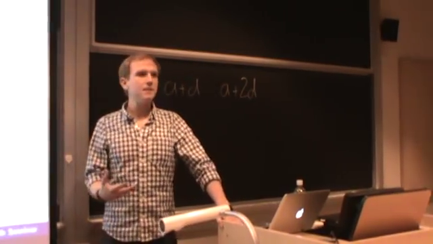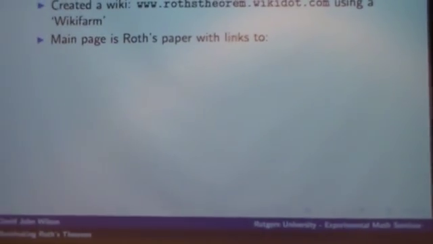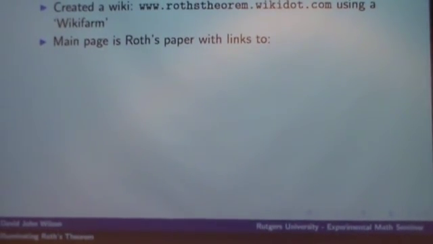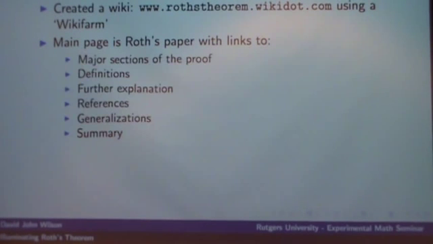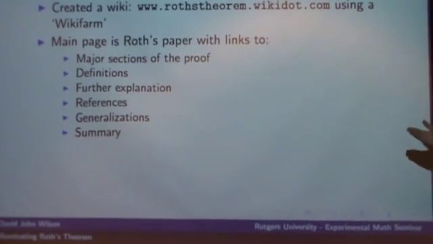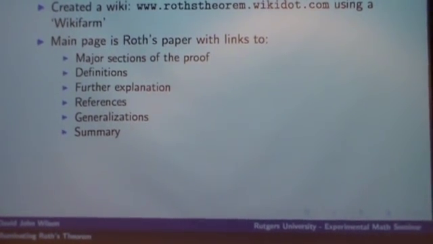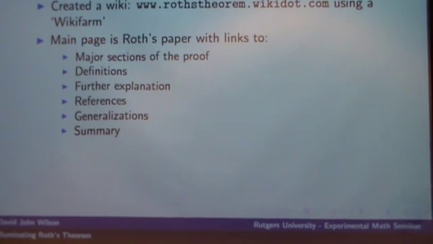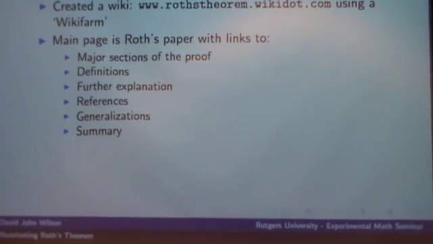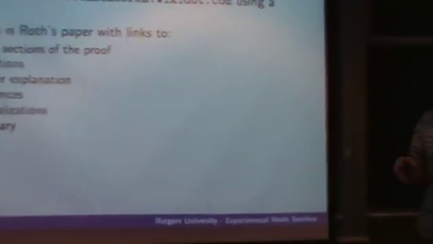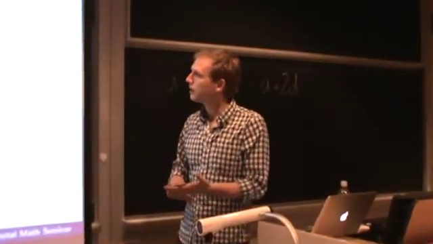But how did I create this wiki? Well, the main page is a carbon copy of Roth's paper. And anytime things like this occur, you can click to another section. First off, I've split the proof into 6 sections, each of which you can click into to get further explanation.